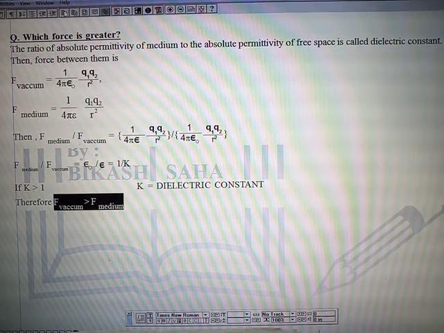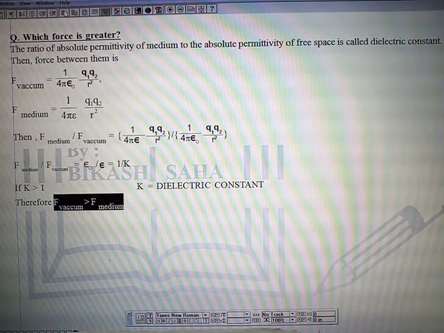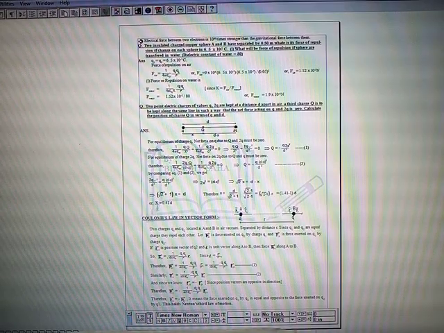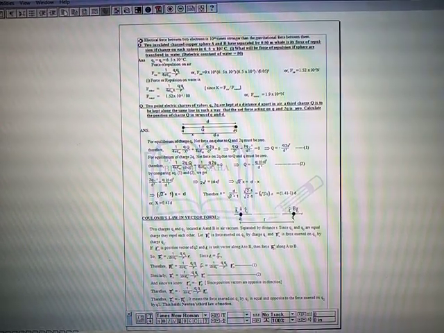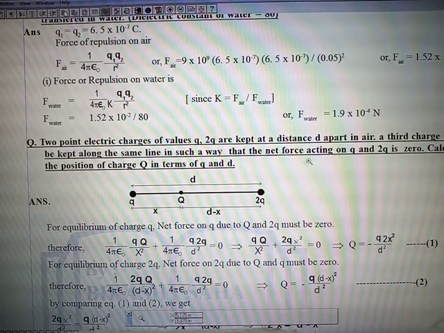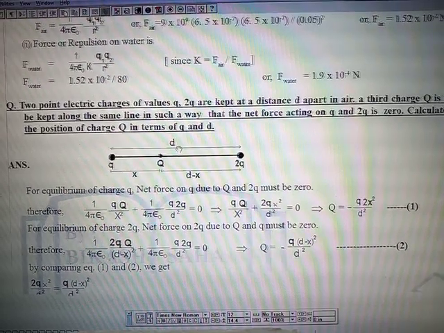Okay, let me take one more question with you today so that we can solve Coulomb's force problems. Is it right? So here one question is there. Please write the question first.